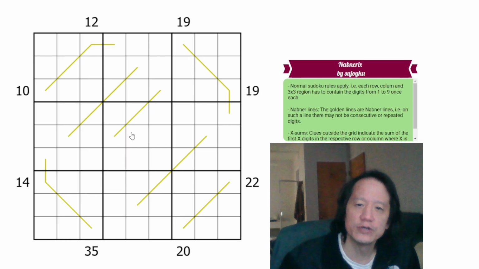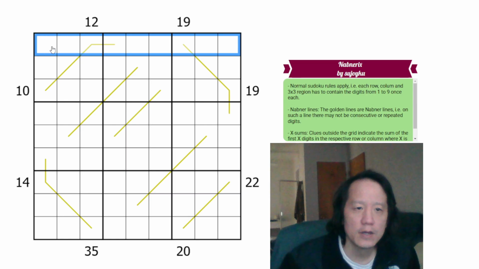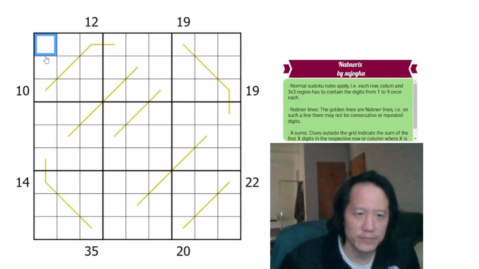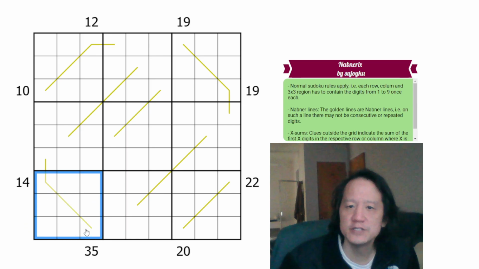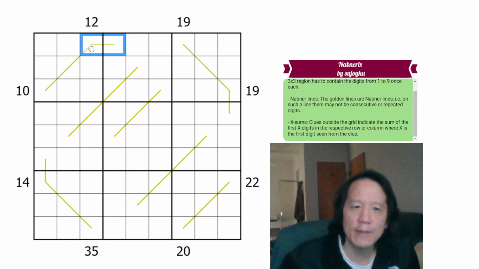Nabnerix by Sudoku, and here are the rules. Normal Sudoku rules apply. That is, each row, column, and 3 by 3 region has to contain the digits from 1 to 9 once each. Nabner lines. The golden lines are Nabner lines.